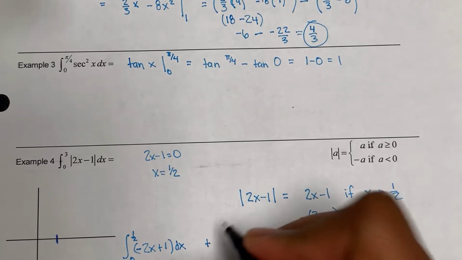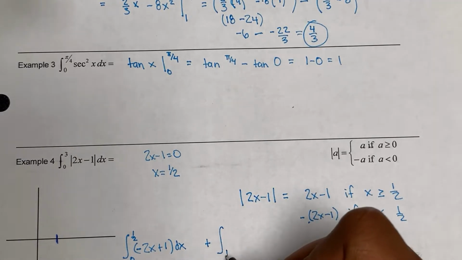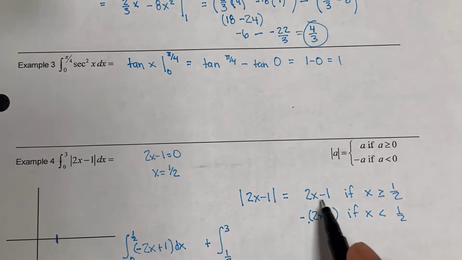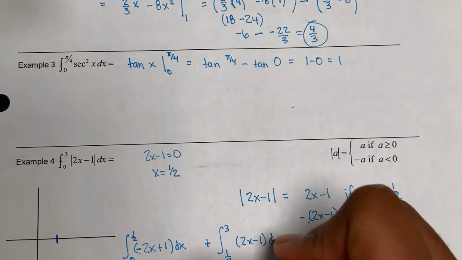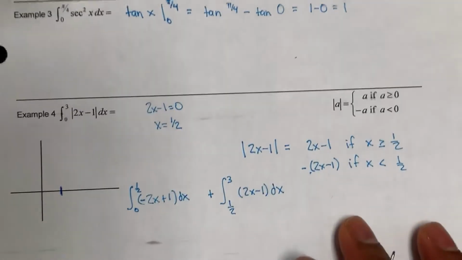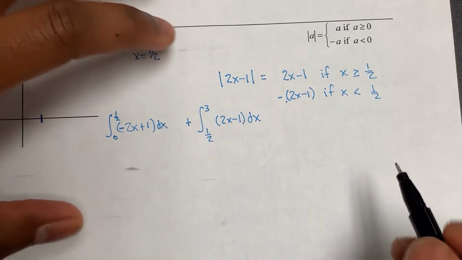And then we're going to have a separate integral that is from 1/2 to 3 of 2x minus 1 dx. So all that happens is the signs for the terms flip.